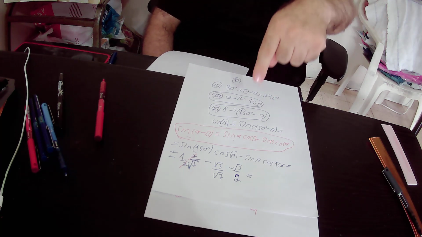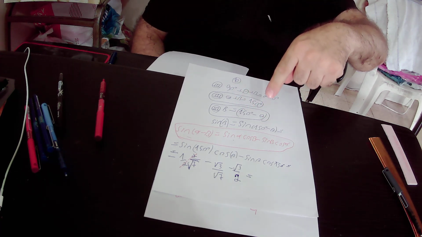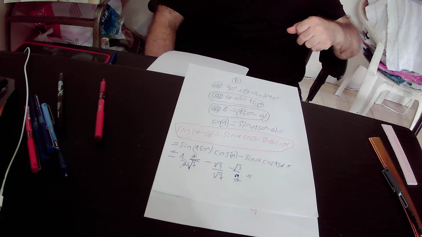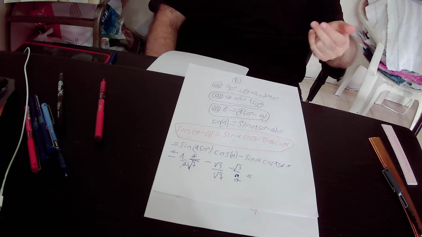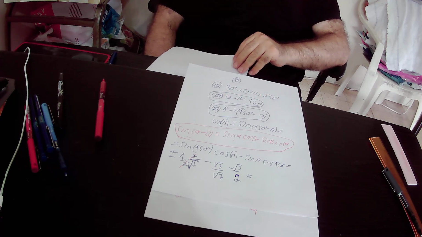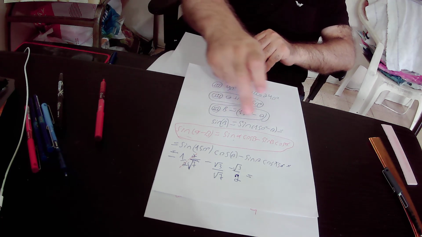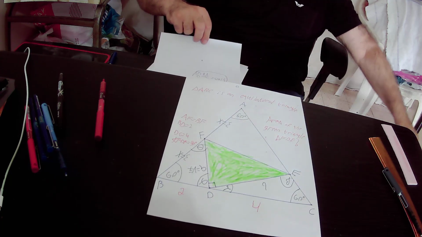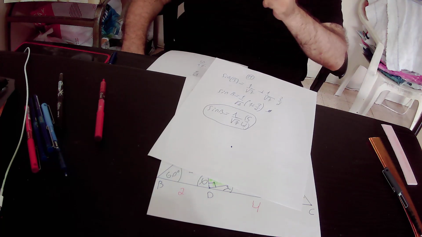Here we substituted alpha by 150 degrees and beta by theta. So we found out by using this trigonometric identity that the value of sine beta is actually 5 over root 7 times 2.